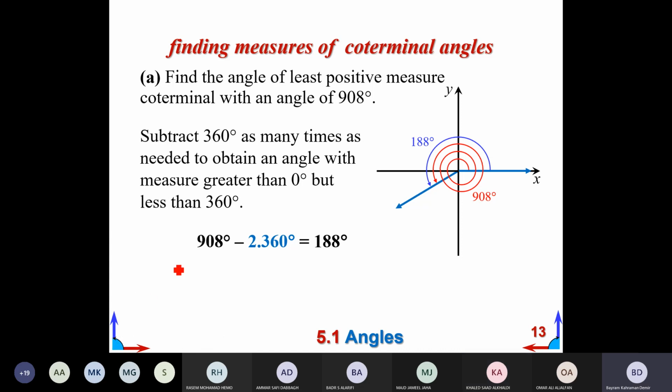Yes. 908 degrees plus, for example, 360. How much is this? 1268 degrees. Okay. This is also another coterminal angle.